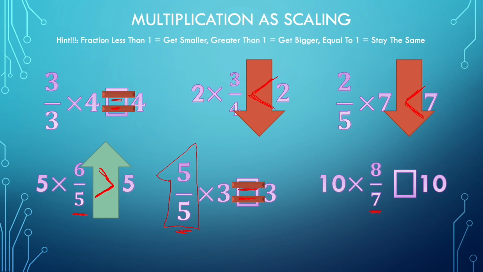So 8 is more than 7, so I would actually have 1 and 1/7 as my mixed number. 1 and 1/7 is a whole number and some extra, my fraction part right here. So that's greater than 1. So I know that when we do this one, we can assess that our answer is going to get bigger. Checking it with our work, we would agree. We are going to get bigger.